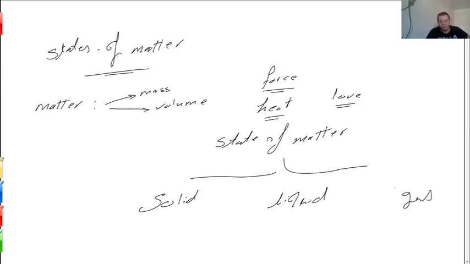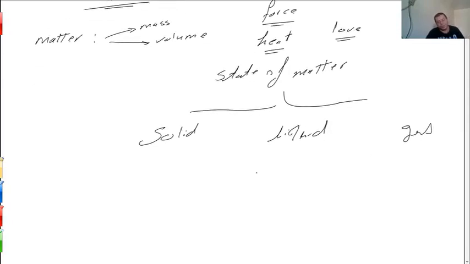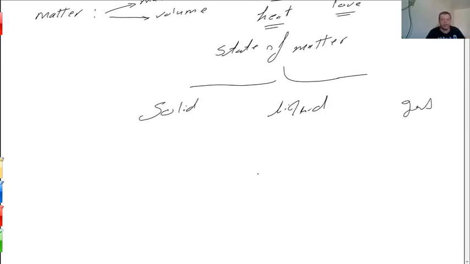To study the three states of matter, you need to know a theory explaining everything about matter, which is known as kinetic theory. Kinetic theory is a theory which explains everything about matter.